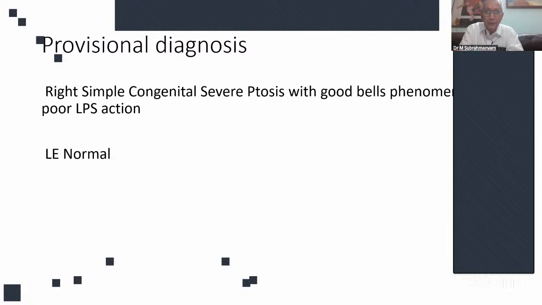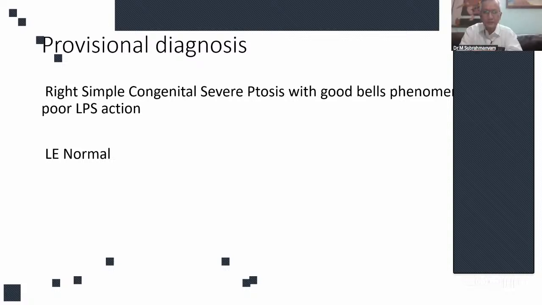So, what is your plan? Do you consider it as a mild ptosis, moderate ptosis, or severe ptosis? It's a severe ptosis, sir, as there is 4 mm of ptosis. Right. More than or equal to 4 mm is considered severe ptosis.